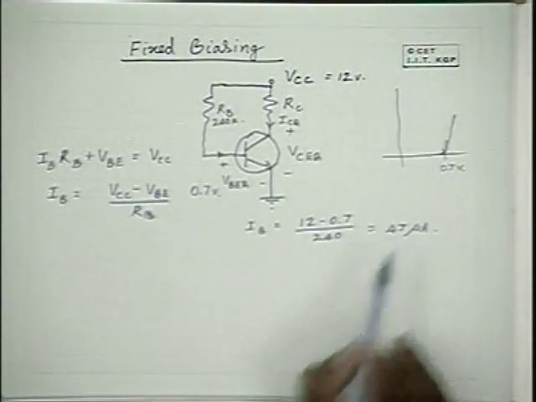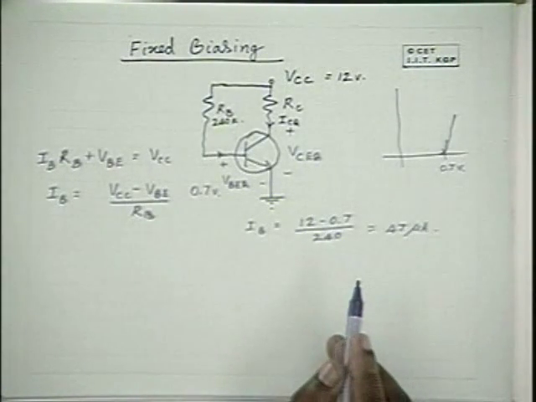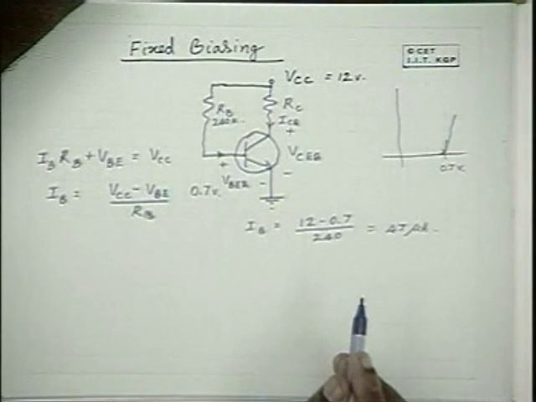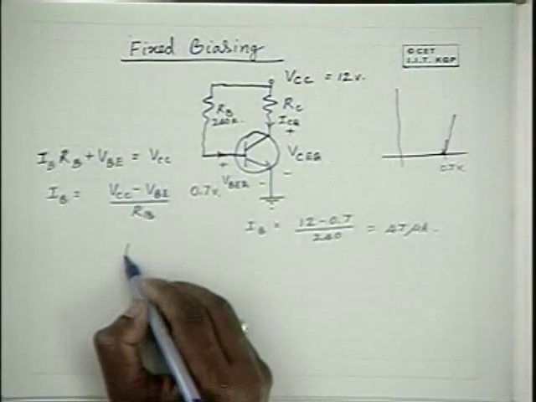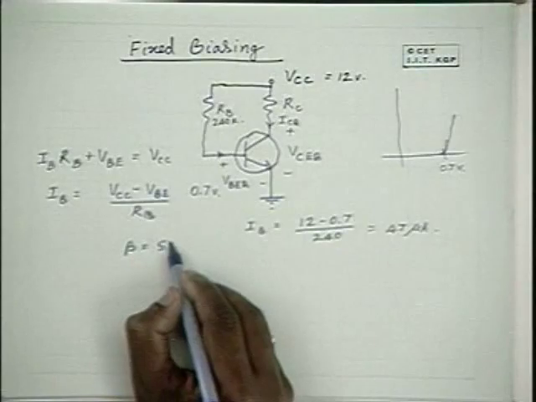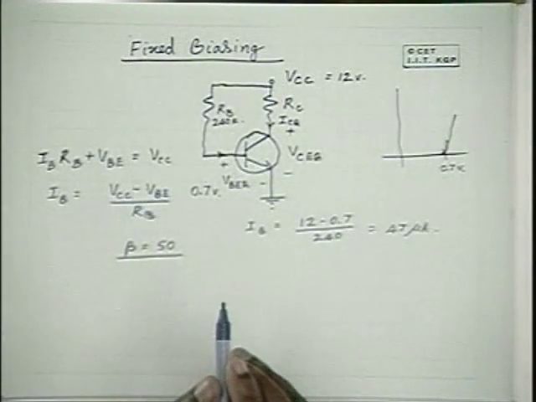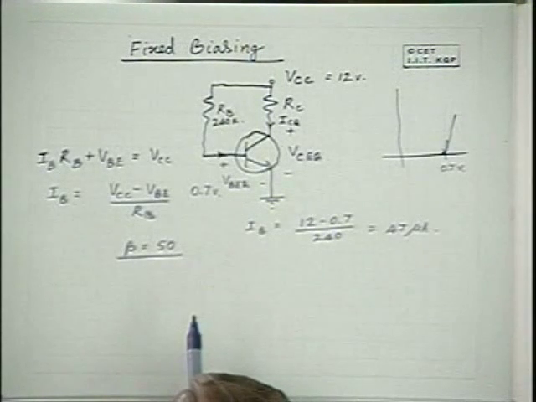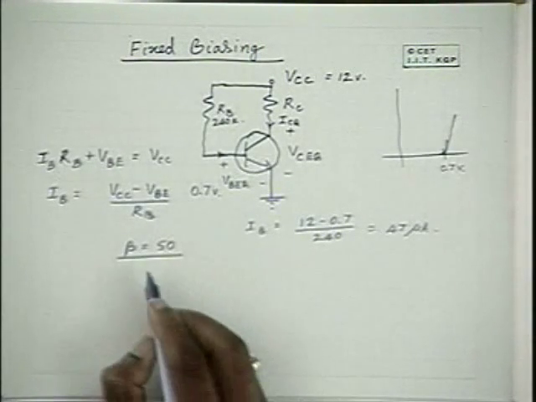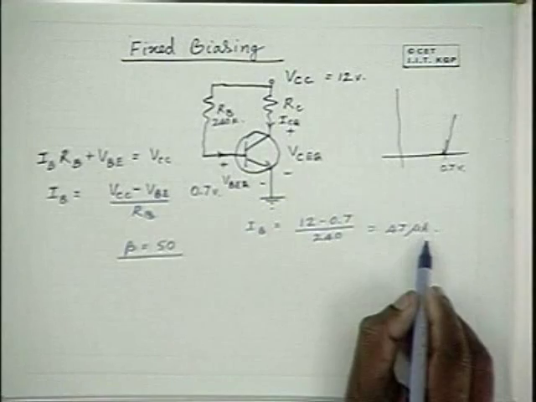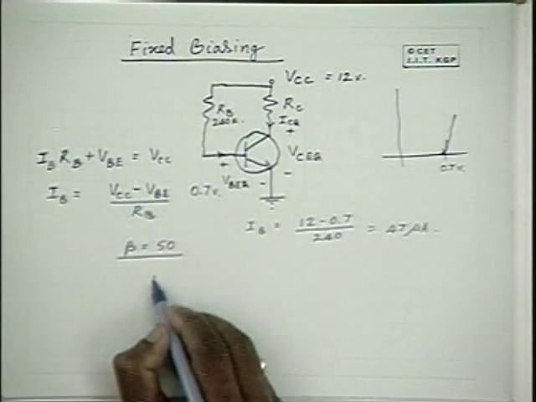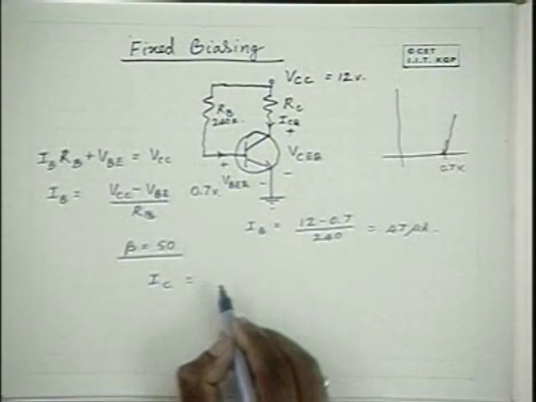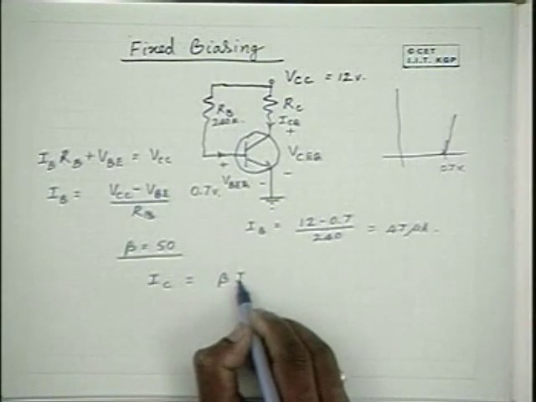So this is as far as IB is concerned. Now, if beta is given as 50 for this particular transistor, that is known and specified by the manufacturer, and when beta is equal to 50 and IB is equal to 47 microamperes, collector current is known to be beta IB.